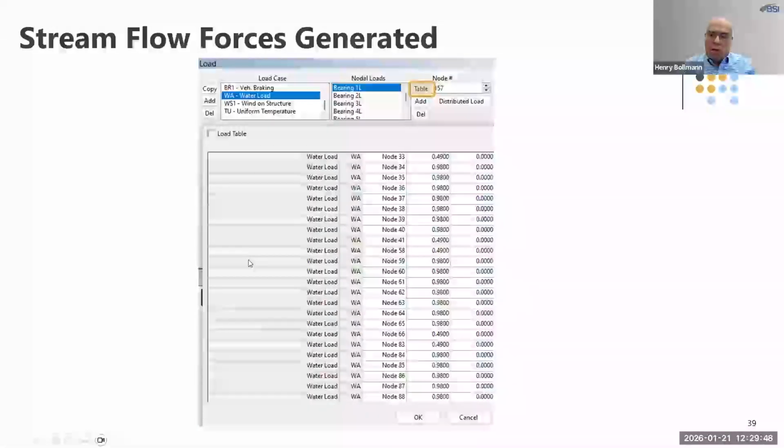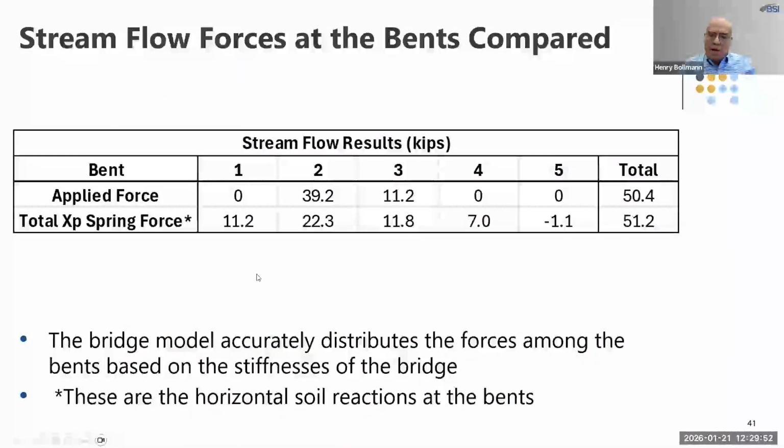So here's the water load table, and then the results from the stream flow forces at the bend compared. So this is the highlight. So what do we see? Okay, at pier 2, which is the tall, skinny pier, where we couldn't use bigger piles, because we already figured out we could use, say, 24-inch piles for the other ones.